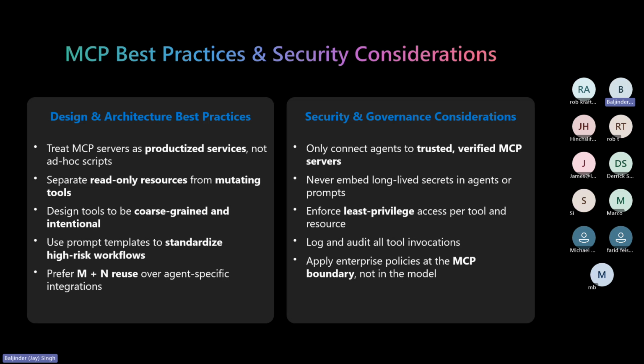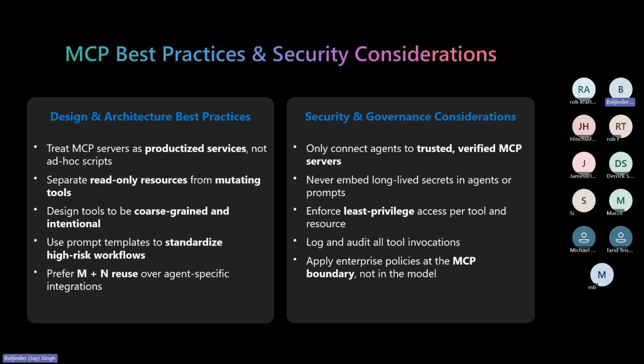And third, instead of exposing dozens of low-level API calls, expose meaningful business actions and things a human would reasonably ask for. That's a good framework to define which calls should be exposed. It simplifies reasoning and reduces the chance of unintended behavior. I think that's key here.